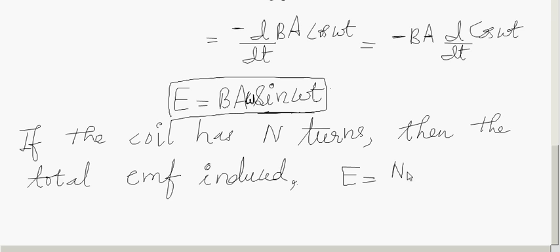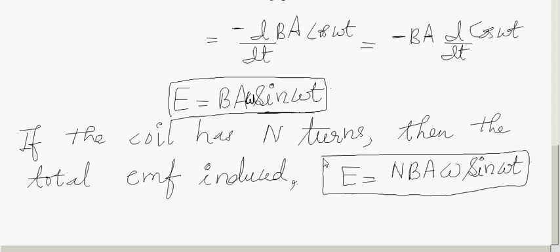So this will come as N BA omega into sin omega t. Now the induced EMF is NBA omega into sin omega t.